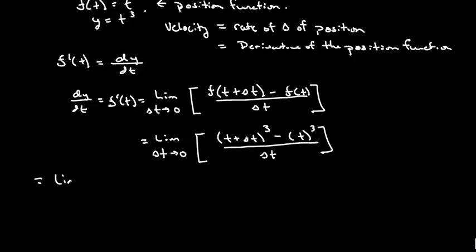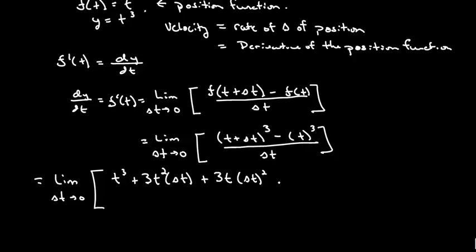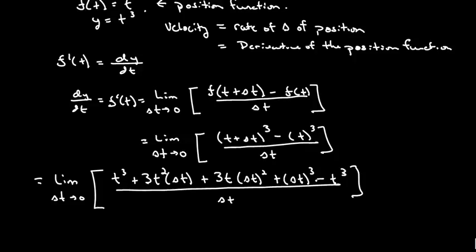And that is going to be equal to the limit as delta t goes to 0 of t to the third plus 3t squared delta t, plus another 3t delta t squared plus delta t to the third, minus t to the third. That's this guy right here multiplied out over delta t. Now, if you can't get this, remember Pascal's triangle, binomial theorem.